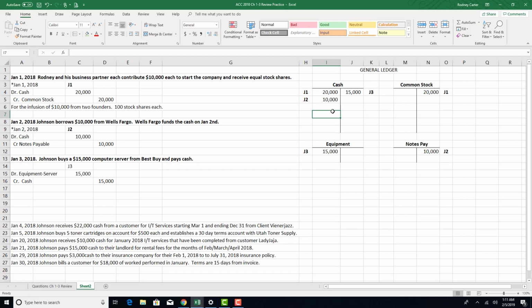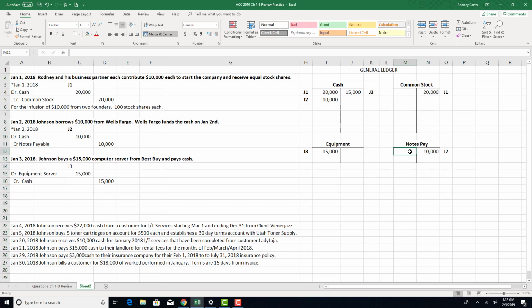I have a $15,000 debit cash balance. The normal balance is the increase side, right? For equipment and assets, the increase side is the normal balance. What's the normal balance for a liability and equity? We have an owner's equity account here, and we have a liability now. The normal balance is a credit. That's its native balance.